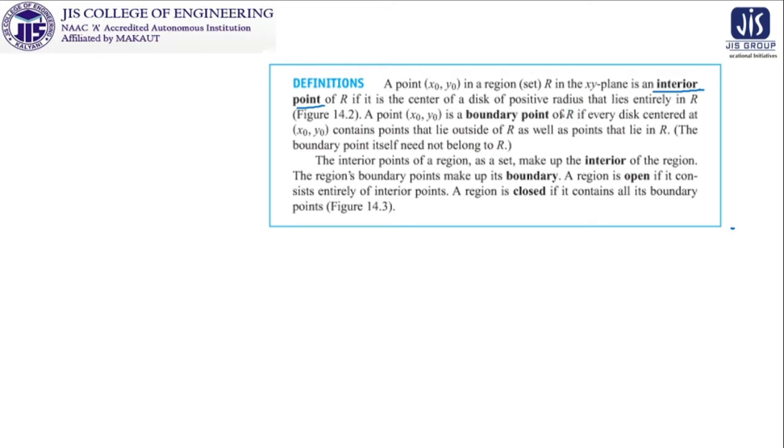It may be very, very small, but it has to be a disk of positive radius that lies entirely in R. And the concept of a boundary point is that for every disk you construct, the whole disk will never be in the region, because you will get some points that lie outside of R as well as some points that lie inside of R. That is why they are called boundary points.